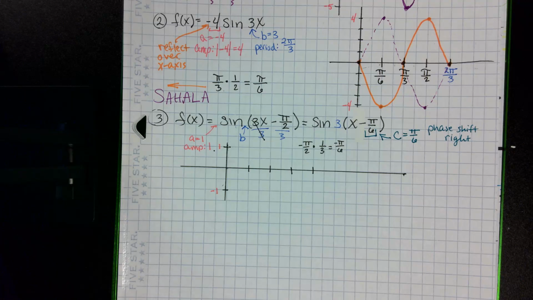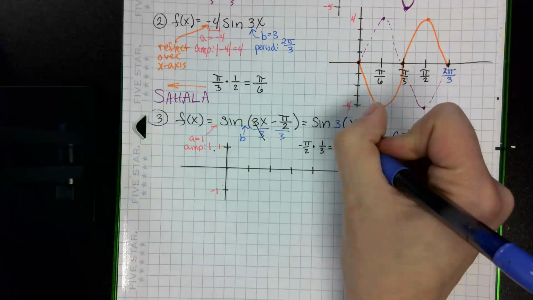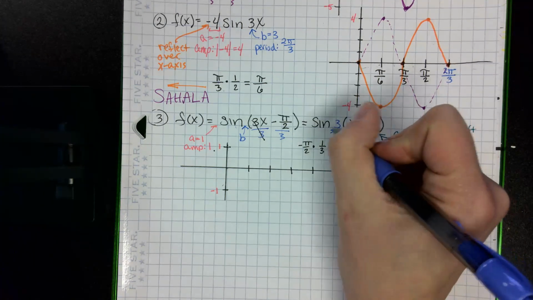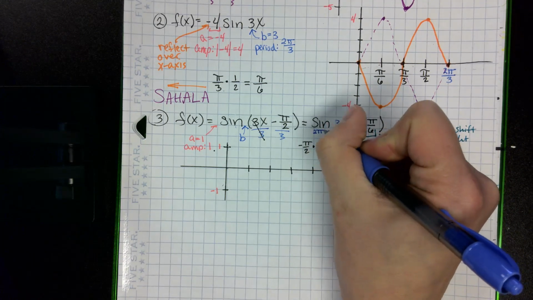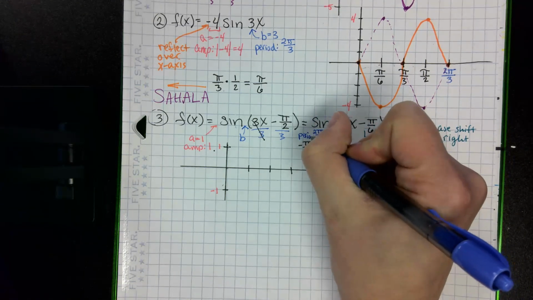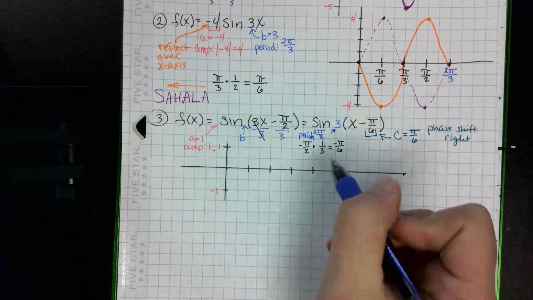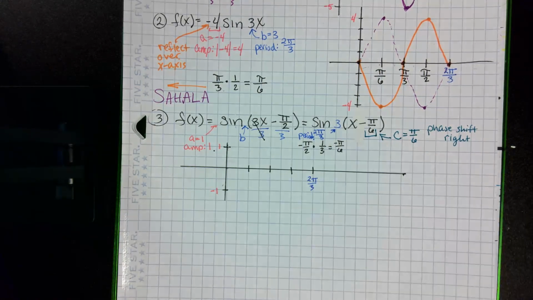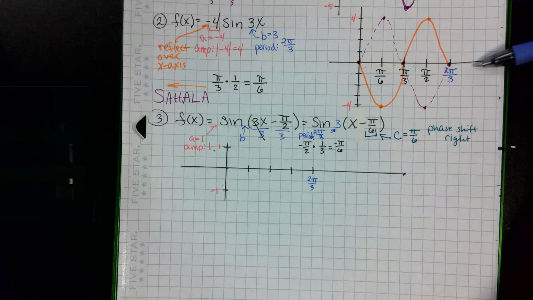Oh, we never got the period. We found the b value. This is b. So 2 pi over 3. That's the period. That happens to be the same one as what we did on the last problem.